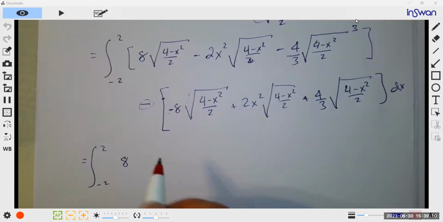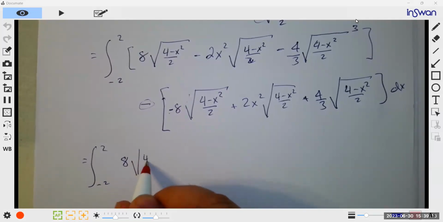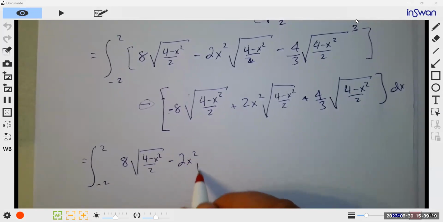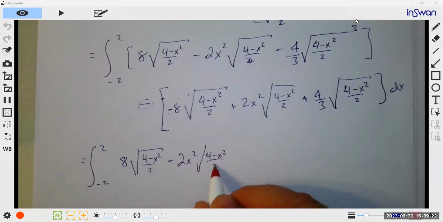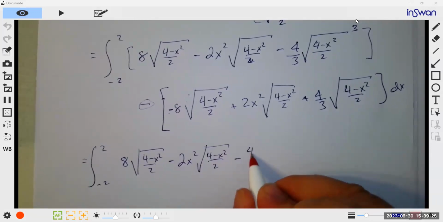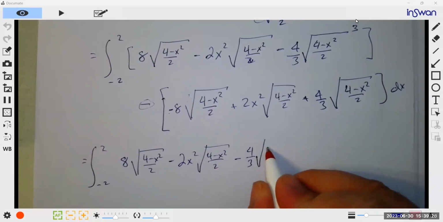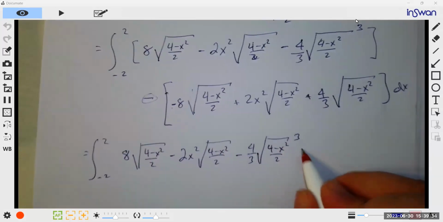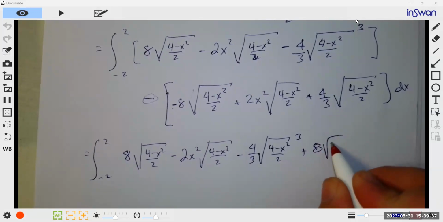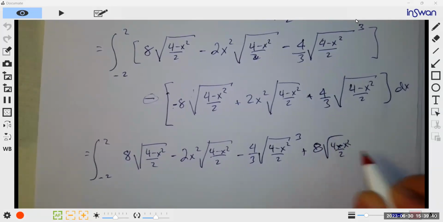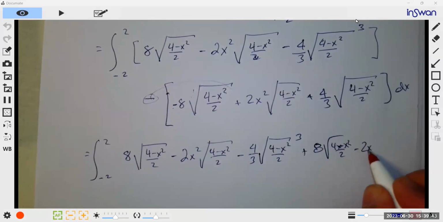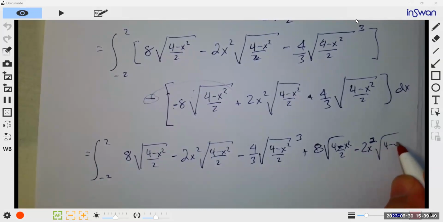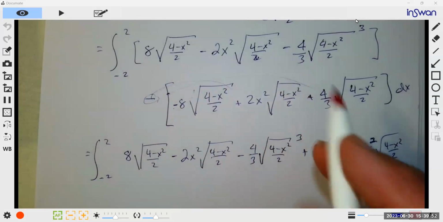A negative negative makes it a plus, a negative makes it a minus, 2x squared, makes it a minus.